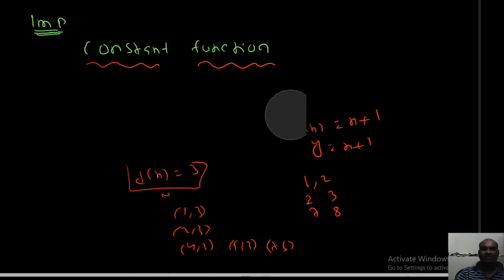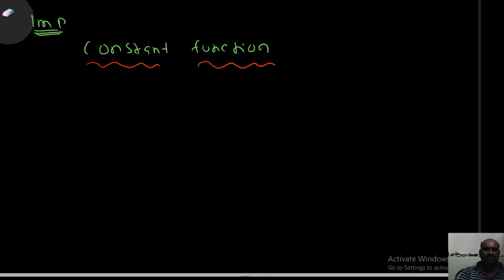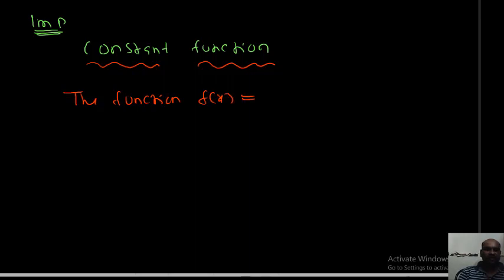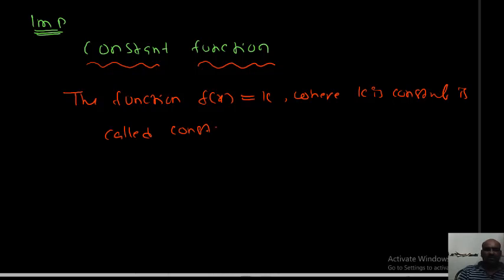I will write that. The function f of x equals some k, where k is a constant, is called a constant function.